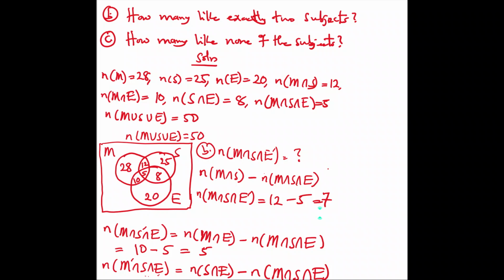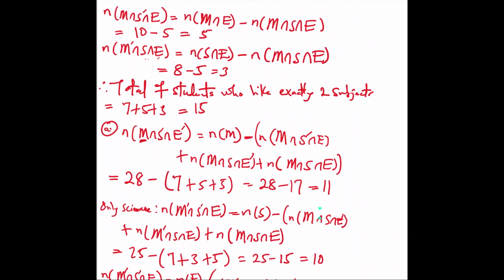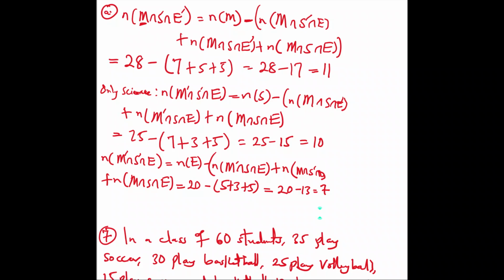Okay, so now let's find the last question. Let me scroll up to see the last question. It says the number of students who like none of the subjects. So now that will be M union S union E prime. So number of students who do not like any of the subjects. So that will be the total of all the students minus all the number of students inside the circles. So now we have to find number of M union S union E all prime.